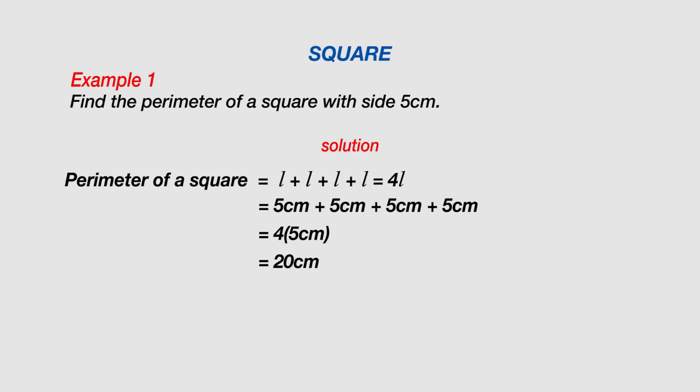That's very easy, isn't it? Now, this is what we are going to do to calculate the perimeters of all the plane figures. We just add all the lengths together and we get our answer.